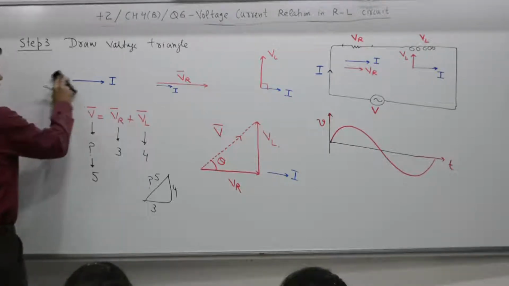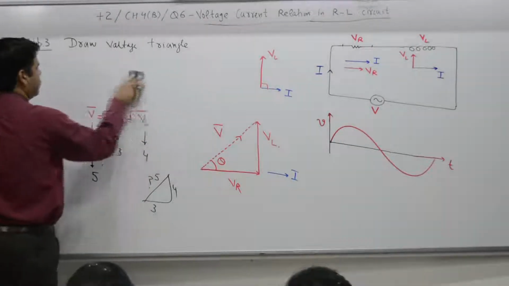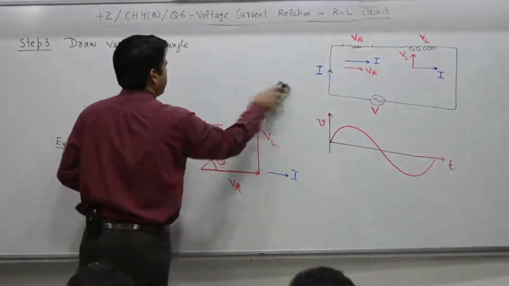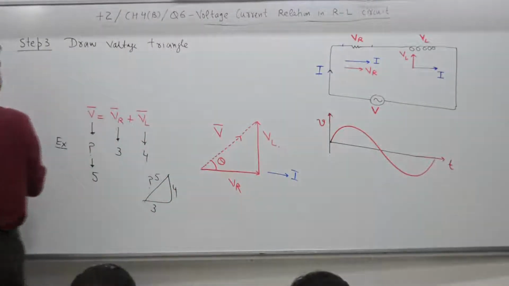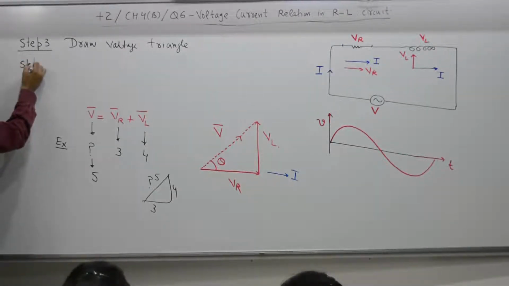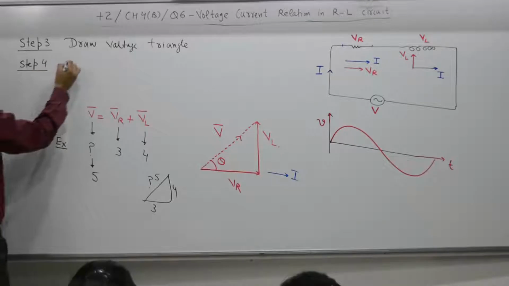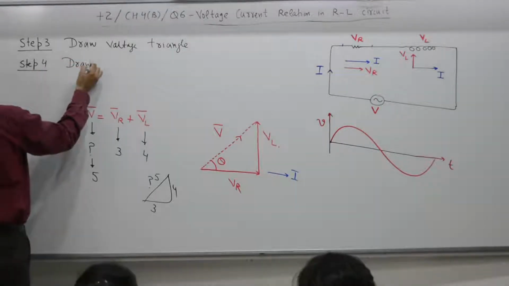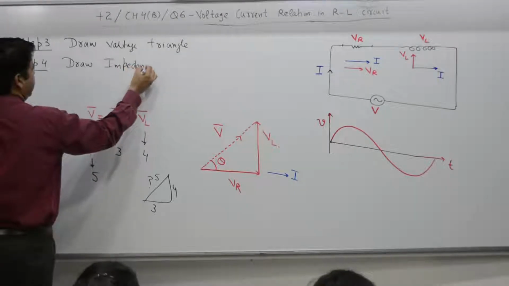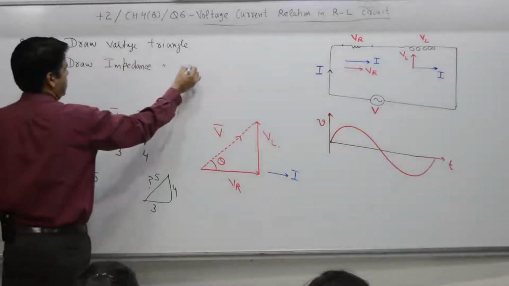So, this step 3 is to draw the voltage triangle. Step 4 is to draw the impedance. Again, it means opposition.